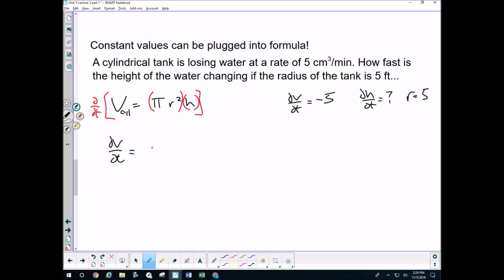Watch what this will end up looking like. 2 pi r dr/dt h plus dH/dt times pi r squared. I've got dr/dt, I have a dH/dt, I've got r, I've got h. We're like, yeah, I can plug in r is 5, trying to find dH/dt.